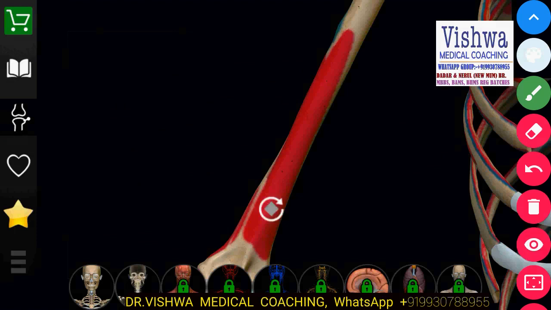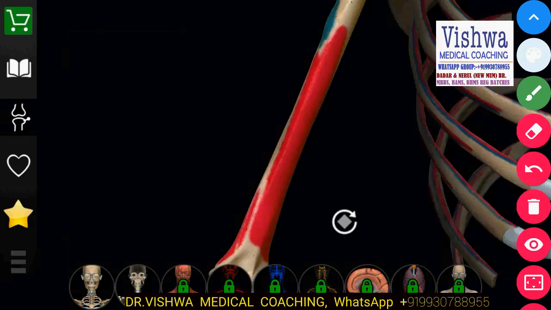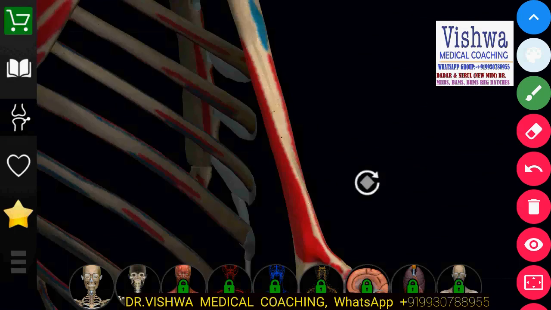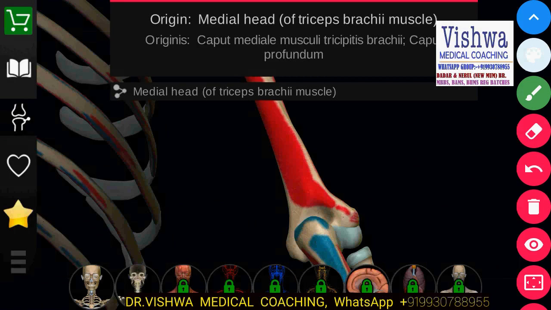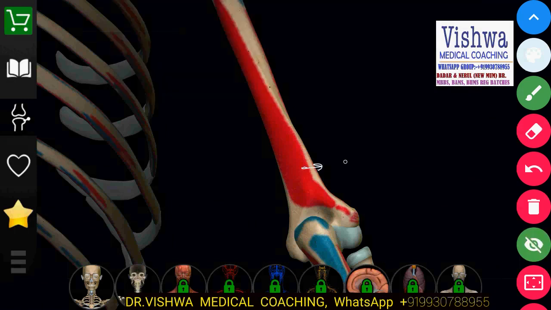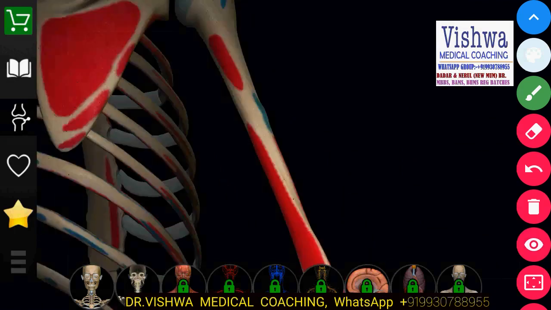So we also have some other muscles. Let me come to the lower end. This is the origin of the medial head of the triceps posteriorly. Medial head of triceps. And here you all must see the radial groove again, because in the practical they may ask you to show the radial groove.